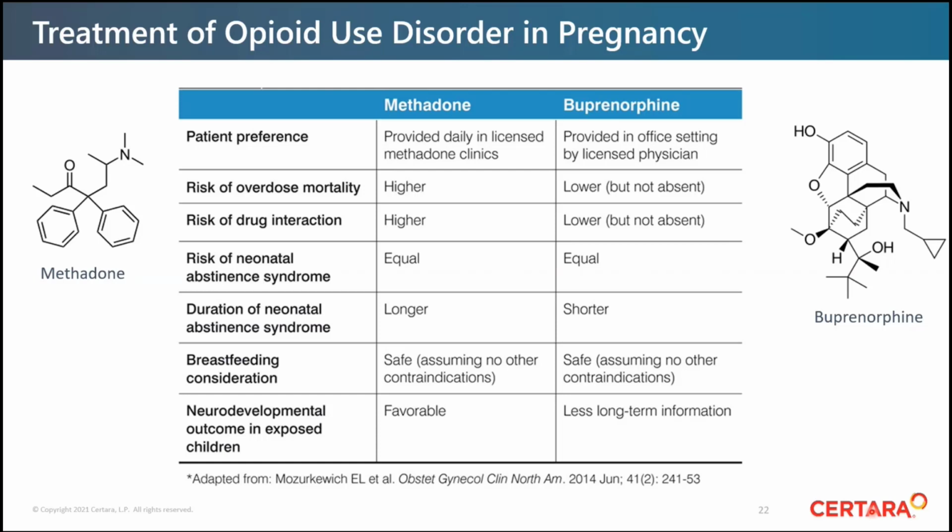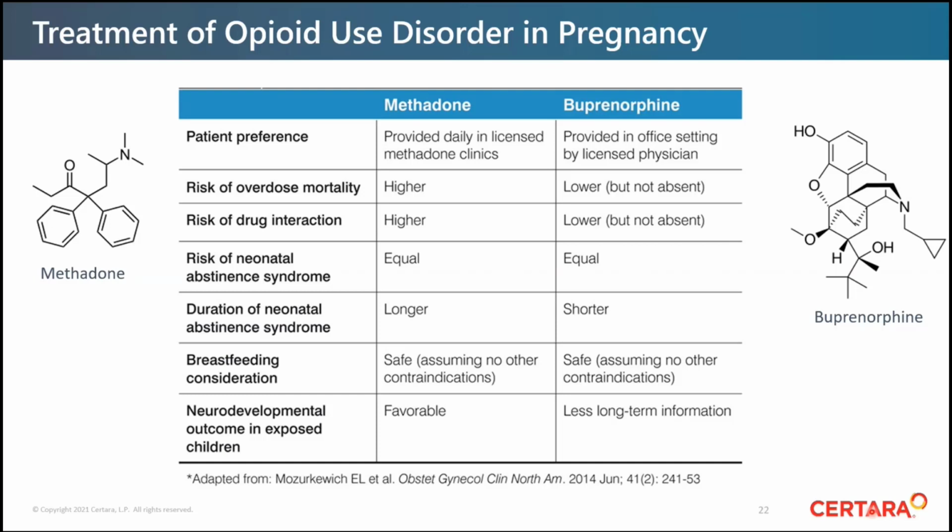Methadone requires daily administration and visits at a licensed methadone clinic due to the high risk of overdose and mortality if it's abused, whereas buprenorphine can be provided in an office setting here in the US by a licensed physician. The OB themselves can obtain a license to dispense buprenorphine, so it's much easier for the patient to obtain, and they can take it at home for the month before getting a new prescription.